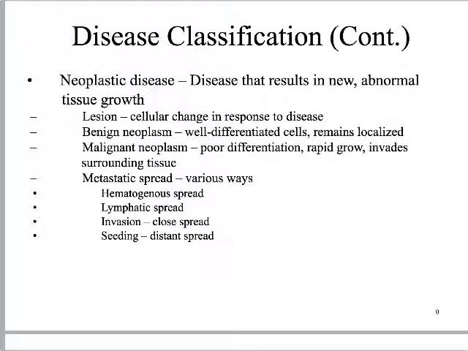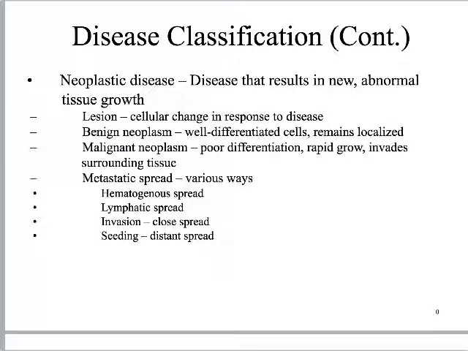It does not spread. Its cells are what we call well differentiated. It looks a lot like the cell that it came from. Versus a malignant neoplasm, which is capable of spread. It's undifferentiated. It means it looks like any cell it wants to look like, and so it's rapidly spreading.